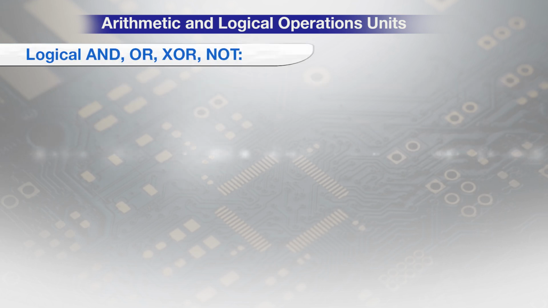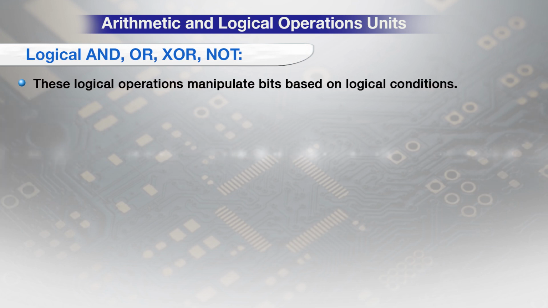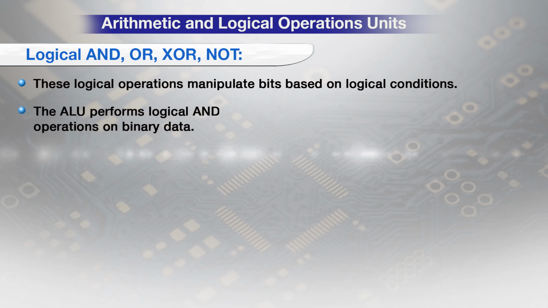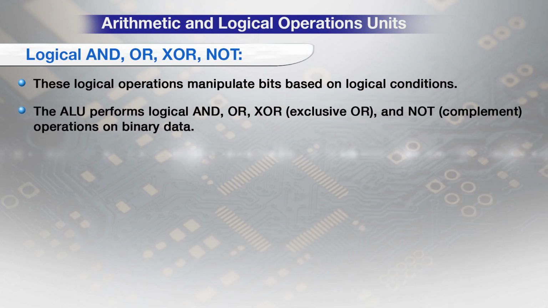Logical AND, OR, XOR, NOT operations are also performed by the ALU. These logical operations manipulate bits based on logical conditions. The ALU performs logical AND, OR, XOR, that is exclusive OR, and NOT, that is called complement operation on binary data.